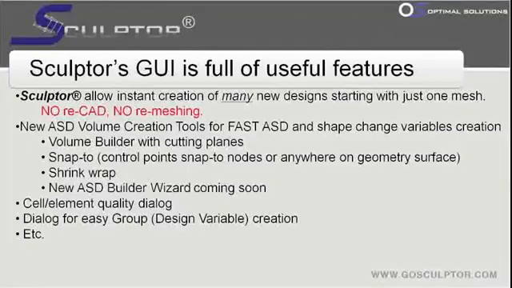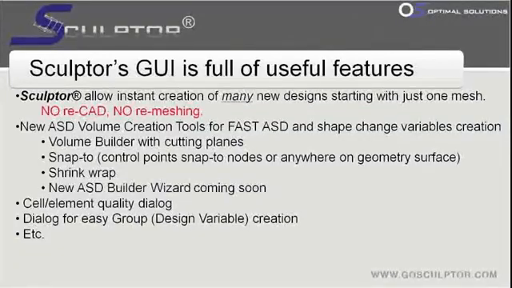Sculptor's GUI is full of other useful features, such as allowing instant creation of many different designs, starting with just one mesh. New ASD volume creation tools for creating these shape change volumes can be used so that it doesn't take very much time at all to create a complex deformation.